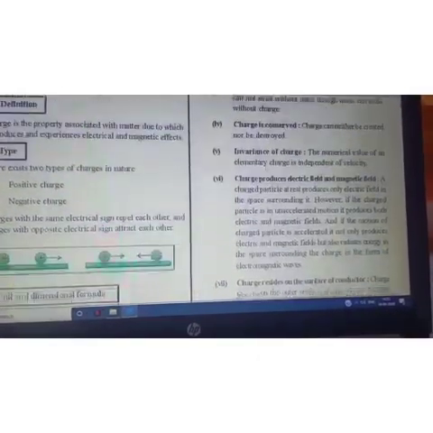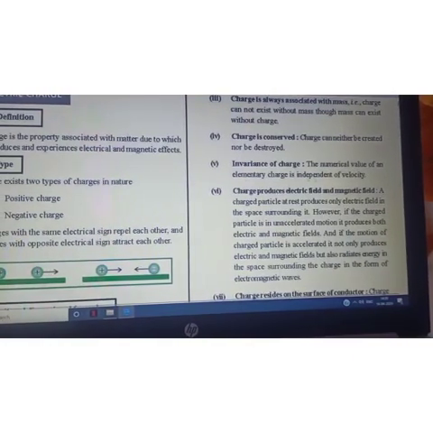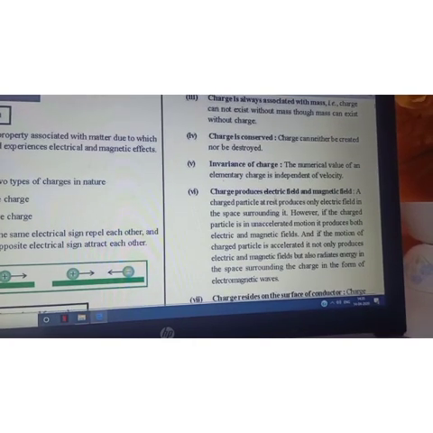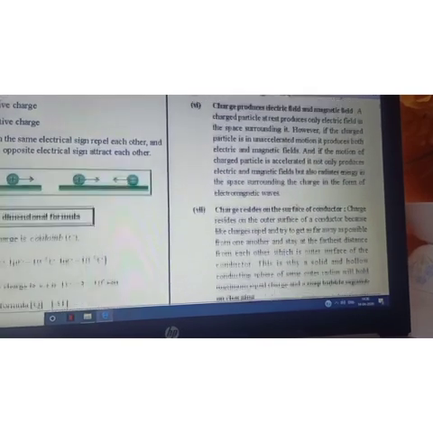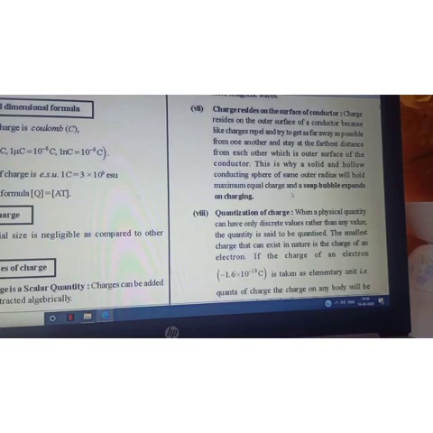So invariance of charge means the numerical value of an elementary charge is independent of velocity, and charge produces electric and magnetic fields. In the fourth chapter, moving charge can create a magnetic field also.